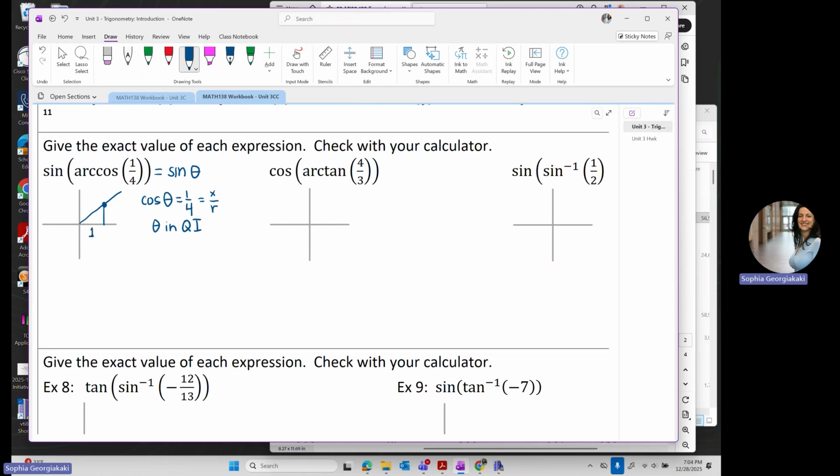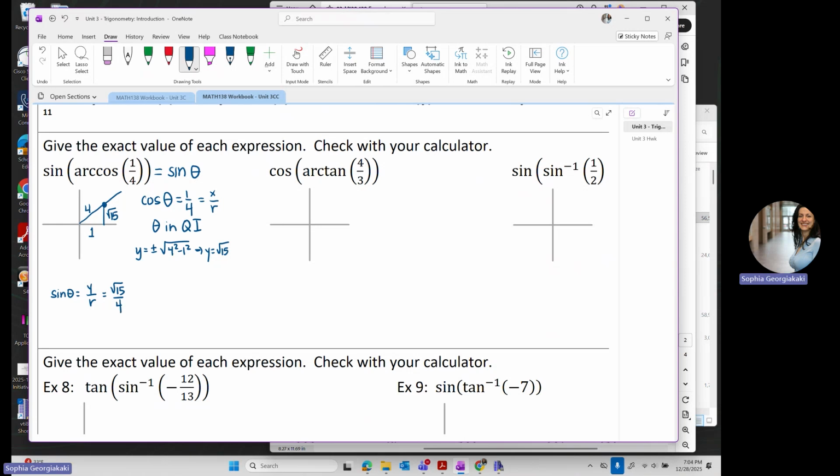So x is 1 and r is 4. Therefore, the y here will be plus or minus the square root of 4 squared minus 1 squared. In quadrant 1, it's positive, so the y will be the square root of 15. And the sine of theta is y divided by r, which is square root of 15 divided by 4, and I answered my question.